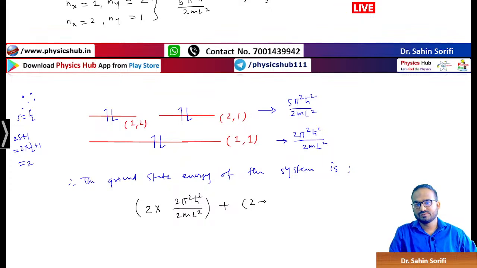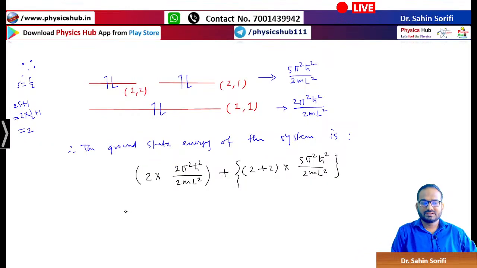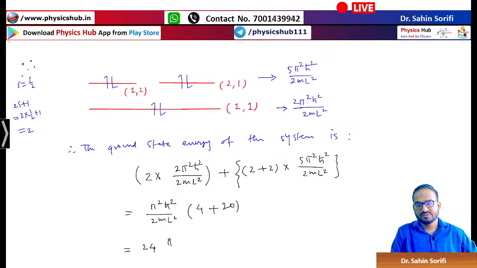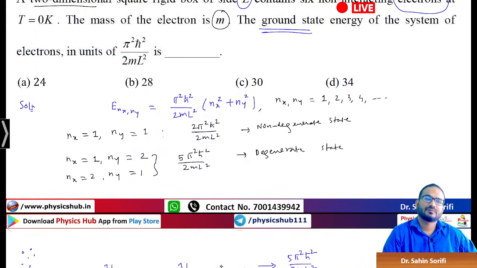For these 2 same, so 2 plus 2 into 5 pi square h cut square by twice m L square. You can take pi square h cut square by twice m L square common: 4 plus 4 into 5, 20. So 24 times pi square h cut square by twice m L square. And I hope this is matching with someone. Option A.